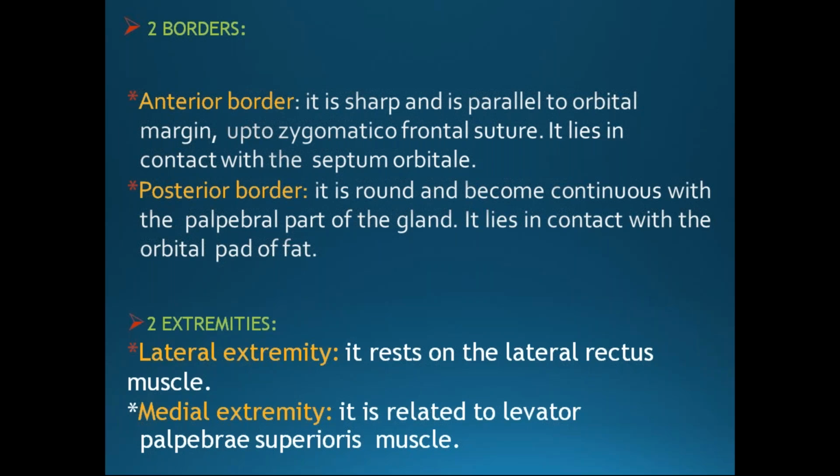It has two extremities, the lateral extremity which lies on the lateral rectus muscle and the medial extremity which is related to the LPS muscle. That is about the orbital part of the lacrimal gland.